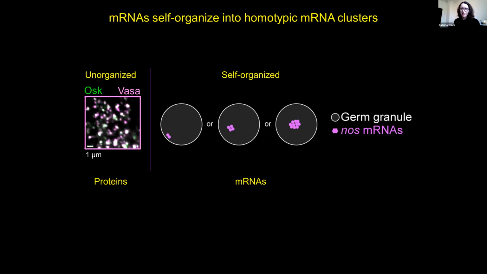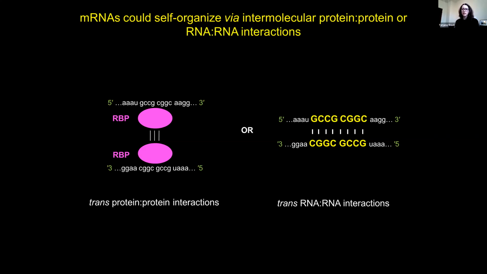This was also very intriguing to us, and we wanted to understand it a little bit better. We were intrigued by this ability of mRNAs to self-organize, and we wanted to understand how. So the two models that we thought about were that this self-organization, self-assembly could be mediated by RNA-binding proteins that are deposited on the mRNA in a sequence-dependent manner, or that mRNAs are engaging in direct base pairing through intermolecular trans RNA-RNA interactions.